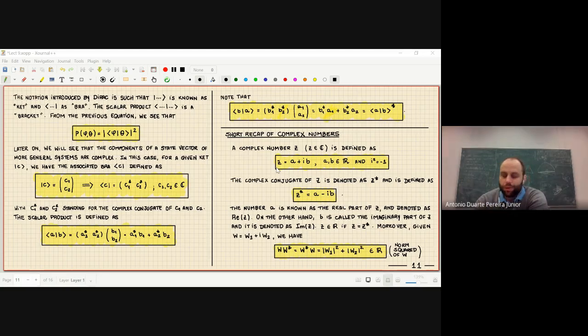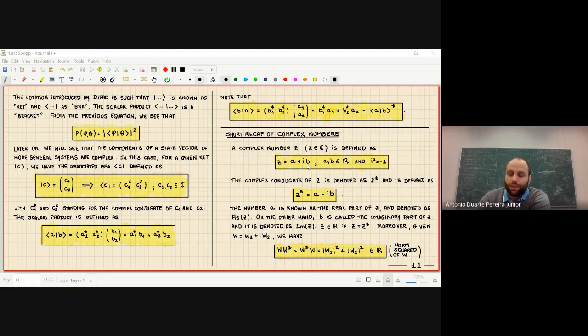So we introduce some notation here. The number a, which is the number that comes free of the i, is what we call the real part of the complex number z, and we denote that by this notation here. If I ask what is the real part of z, this will be a.